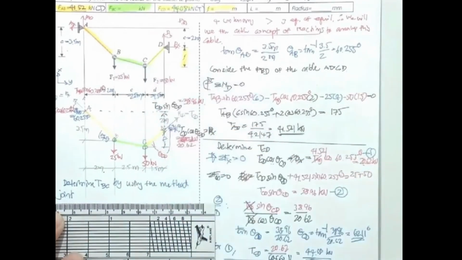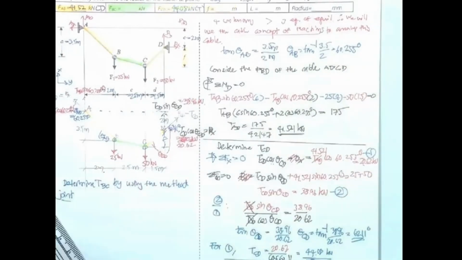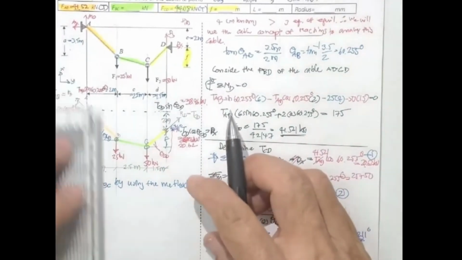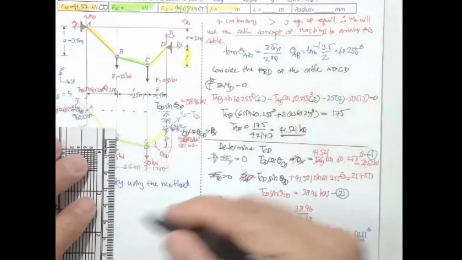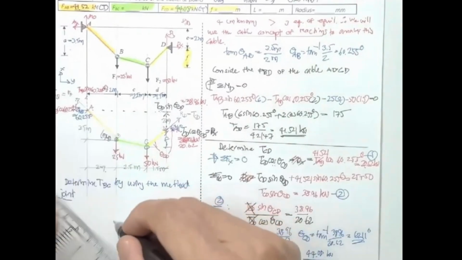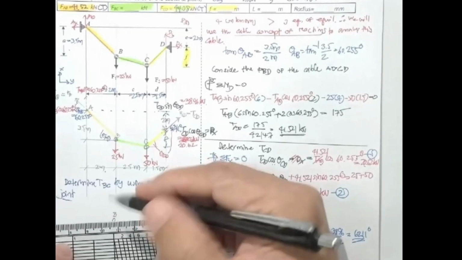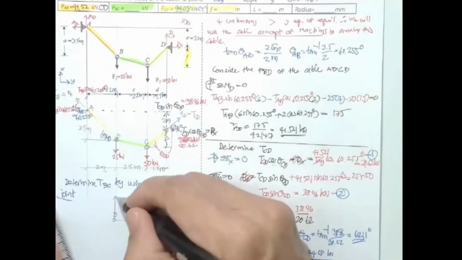So we may use the point B. Let me project the point B over here, and let's say this is B. We have this one to be X, and this one to be Y.